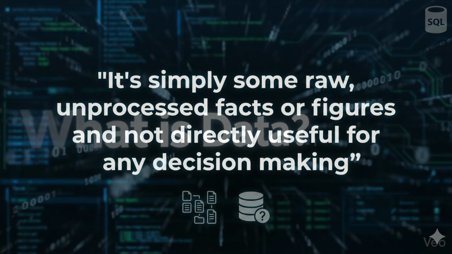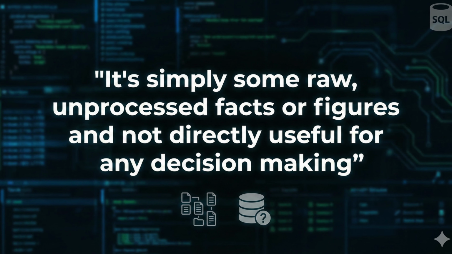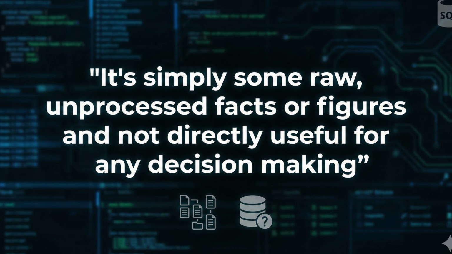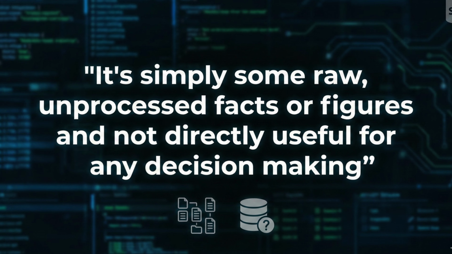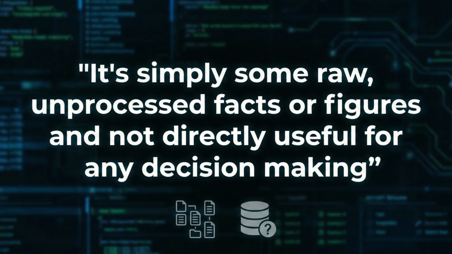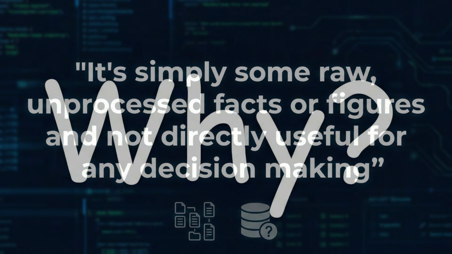The very first question is, what is data? It is simply some rows, unprocessed facts and figures, which are not directly useful for any decision making. Now you might ask, if it is not useful, then why do we use it? And why do we need to store it?